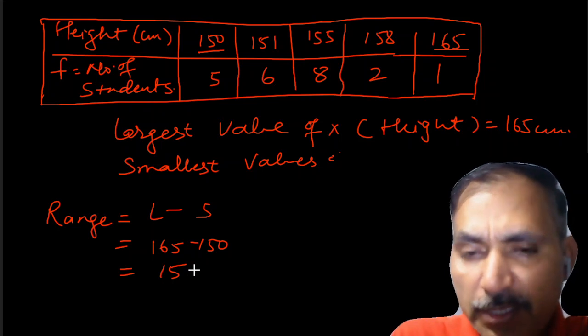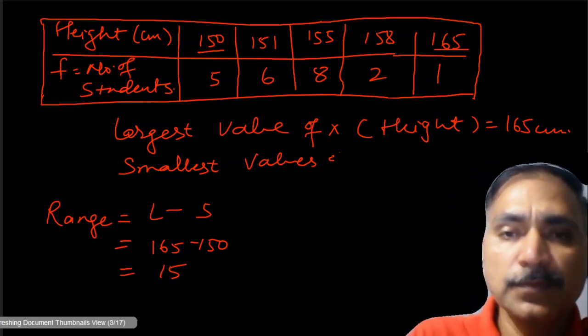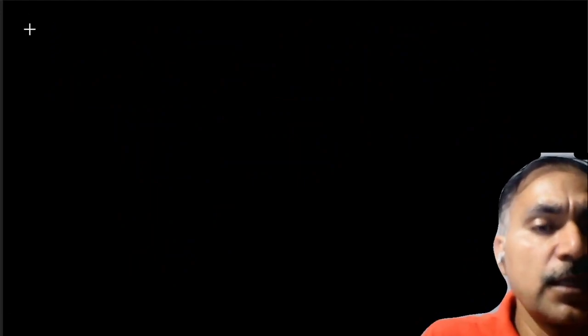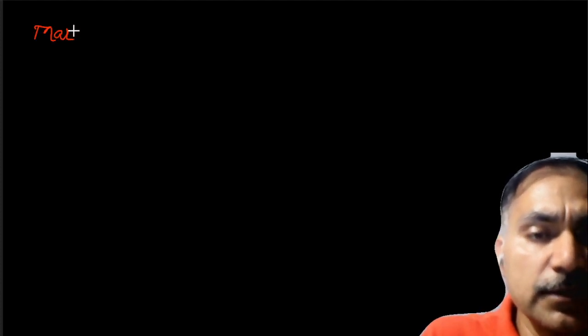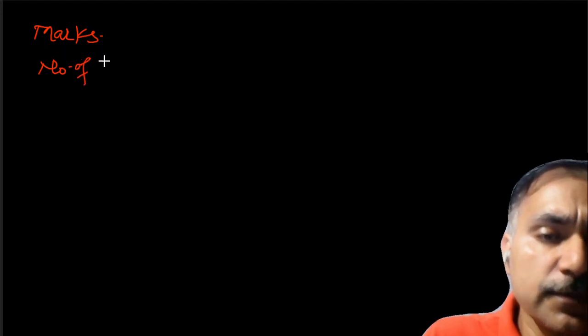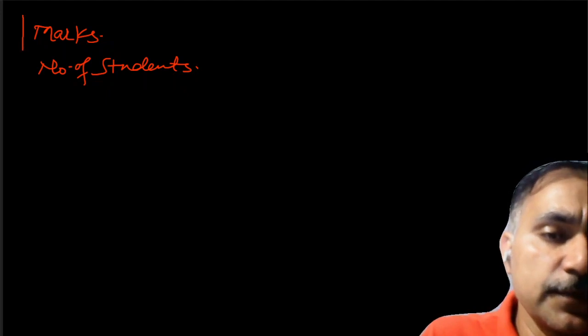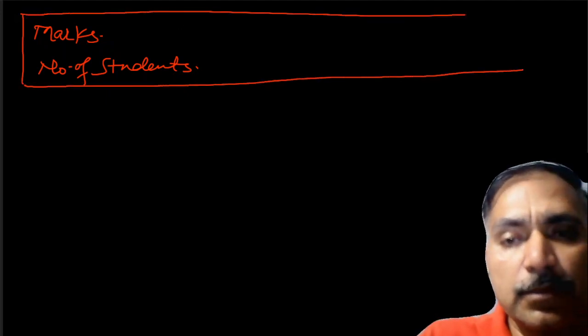Let us take one more example, that is a group data. Suppose you have been given a class interval, sorry, in the form of marks and number of students as a frequency. Let us complete the table.